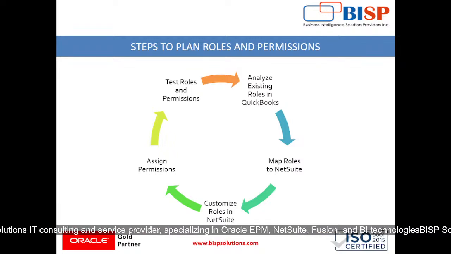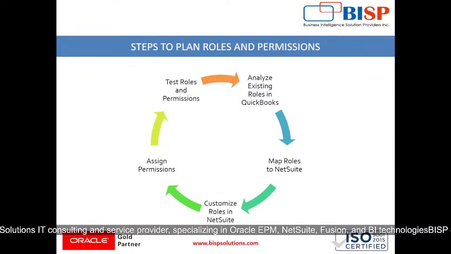So first will be analyzing existing roles in QuickBooks, which means we will be identifying current user roles and permissions in QuickBooks, which for example means accountant, admin. We provide roles to them for viewing some data. So like that we will be analyzing existing roles in QuickBooks.